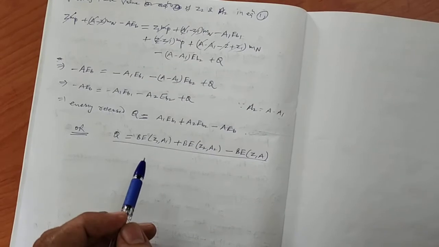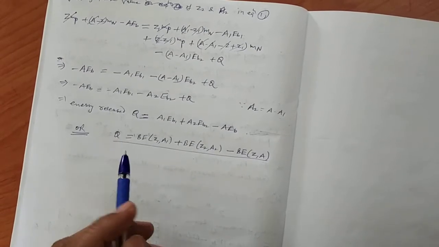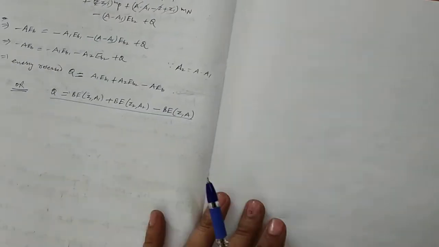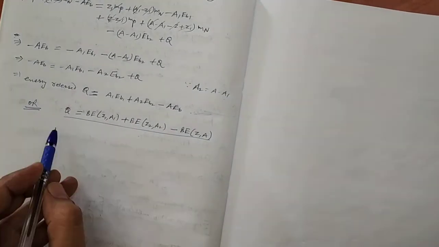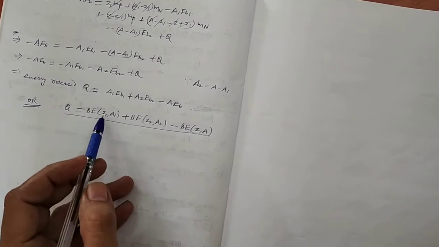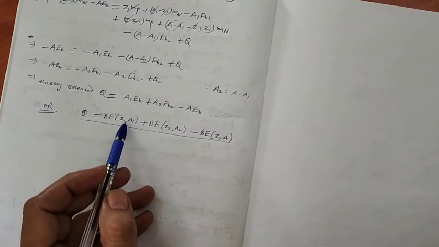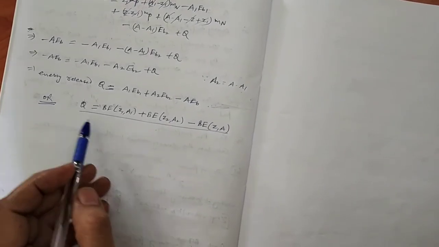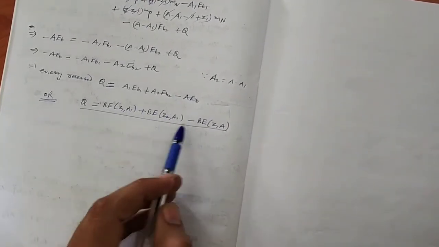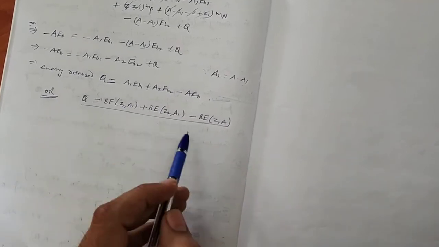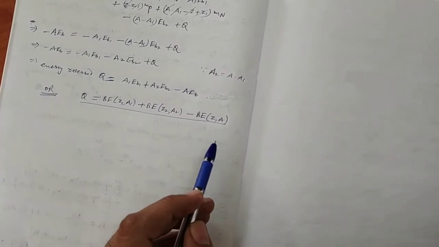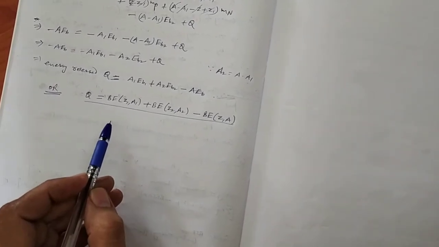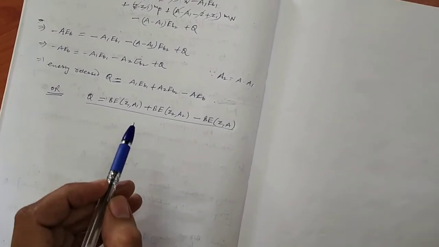If in this question it is also given that the binding energy for the first nuclei, the parent nuclei, is some value, and the binding energy for the first product nuclei and second nuclei are also given, then we can find the energy released by adding the binding energies of product nuclei minus the binding energy of the parent nuclei. So we can find the energy released in this equation.